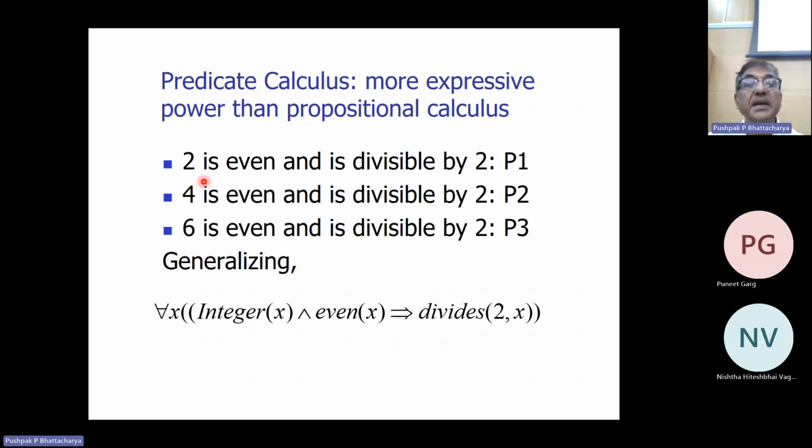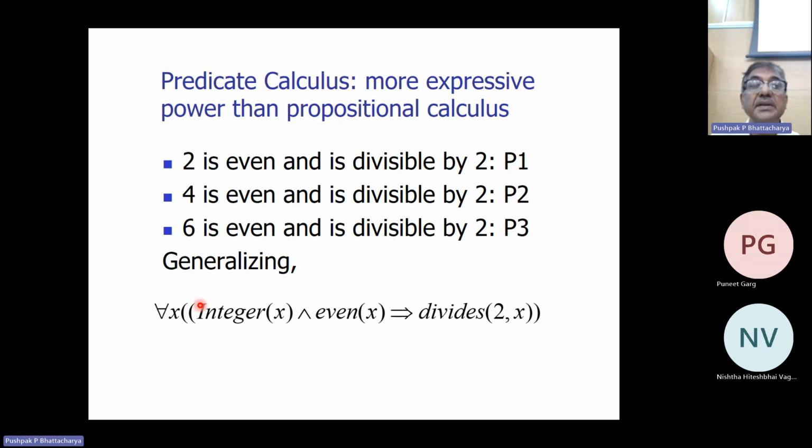So suppose you had these statements: 2 is even and is divisible by 2, proposition number 1. 4 is even and is divisible by 2, proposition number 2. 6 is even and is divisible by 2, proposition 3. So if you had to represent the knowledge of what is an even number, then you will need an infinite number of propositions. An infinite number of symbols will be required to represent that knowledge.